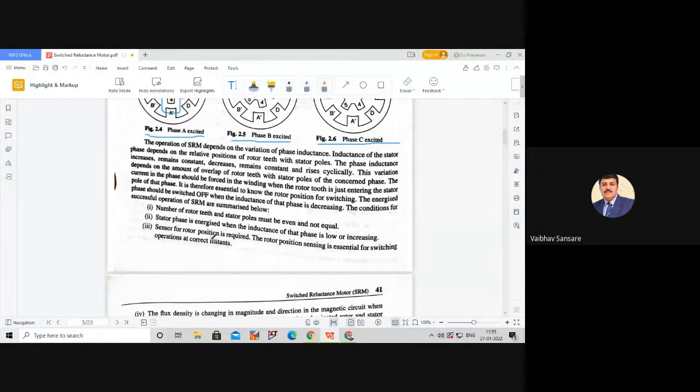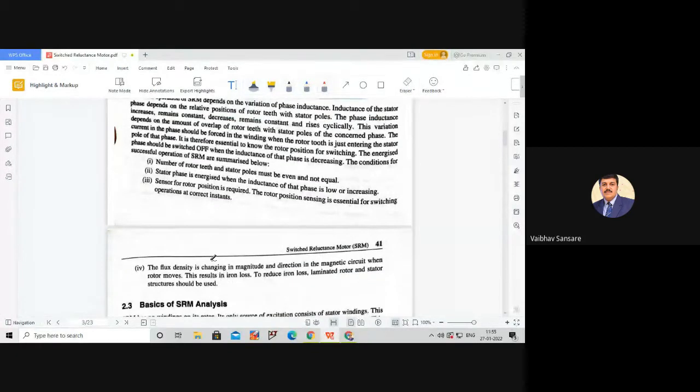So the conditions for successful operation of SRM can be summarized with these 4 points. The first one is that the number of rotor teeth and stator poles must be even and not equal. Rotor teeth are even, stator poles are also even, but both should be unequal.